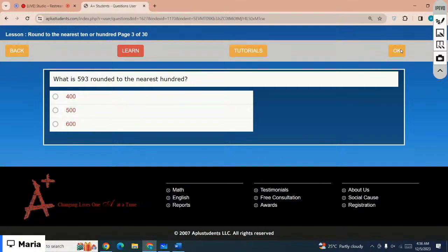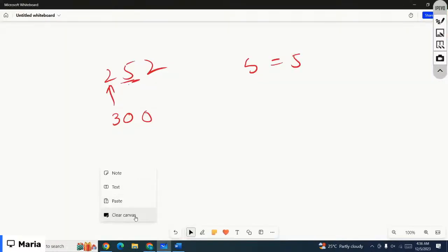You have to round off 593. Here is the digit at the hundreds position, and the next one is 9. 9 is greater than 5. Yes, you have that.